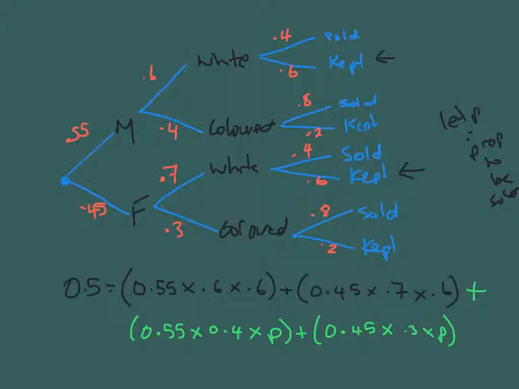Now, if you were to add these all up, I'm going to have to go on to the next page here, but you'll get the following calculation. So if you look at the previous page, we had 0.5 equals 0.55 times 0.6 times 0.6, that was the males, and then the female white Kriya that weren't being sold was 0.45 times 0.7 times 0.6, and then we added the coloured Kriya, but we didn't know what the proportion was.